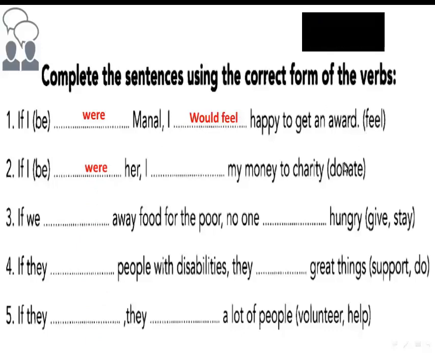So the verb here, donate. So here we should write in the second section would and the base form donate. Would donate my money to charity. If I were her, I would donate my money to charity.